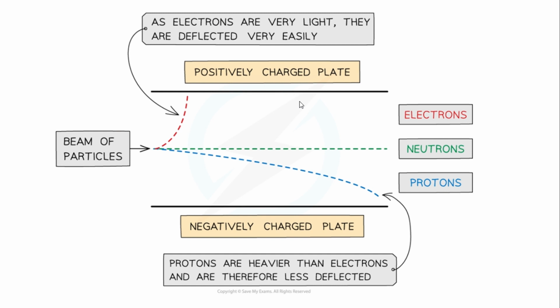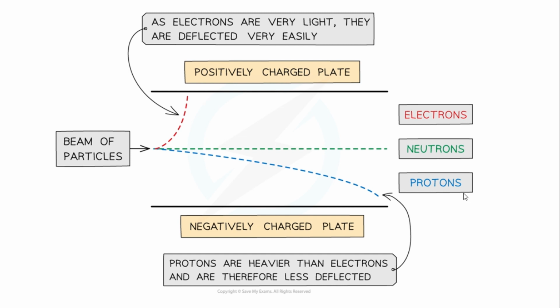Like charges repel, opposite charges attract. It also shows that electrons have a very small mass, as they are easily deflected. We can see that this dotted line, the beam of electrons, doesn't even go further down like the beam of neutrons or the beam of protons. It's attracted to the positively charged plate instantly because of how negligible its mass is, so it's very easily deflected.